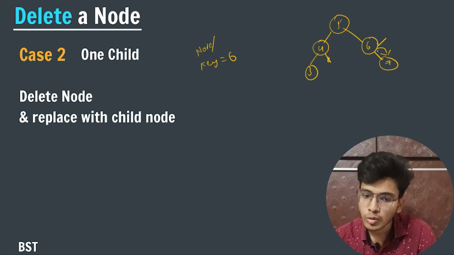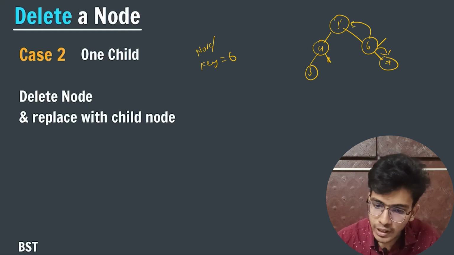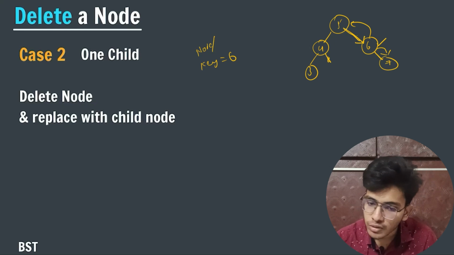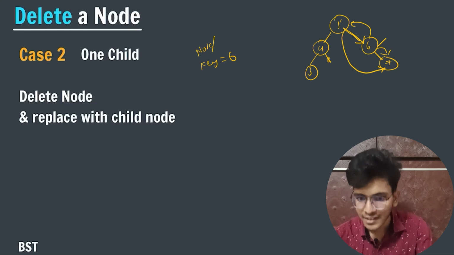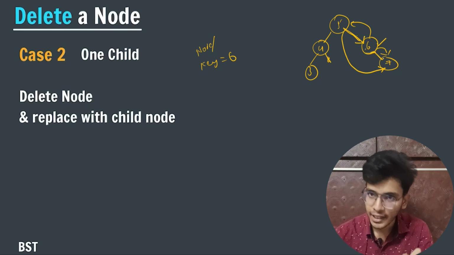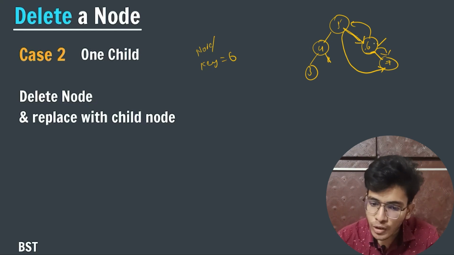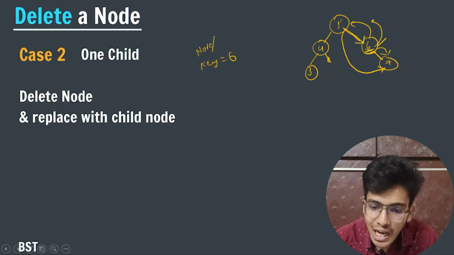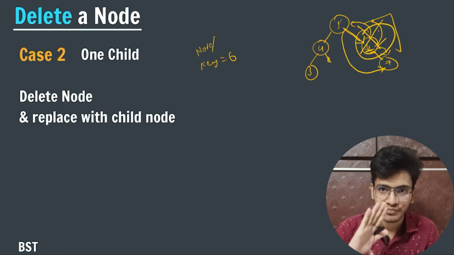Then its parent reference, instead of pointing to 6, now you can see that this 5 is pointing to 6, I will directly point to its child. Because this 6th node's parent is pointing to its direct child, my Java garbage collector will automatically delete this node. Got my point?